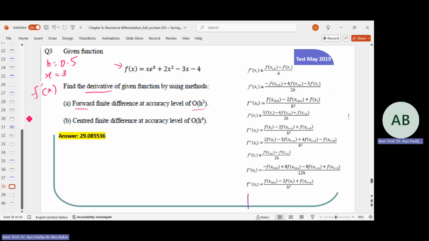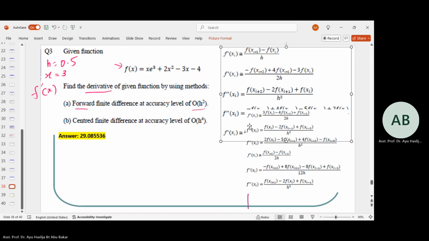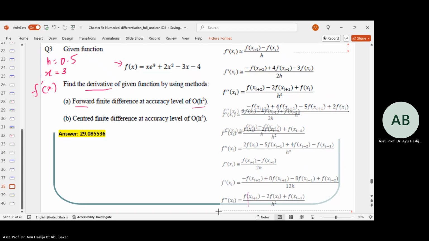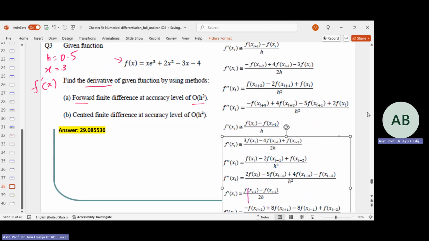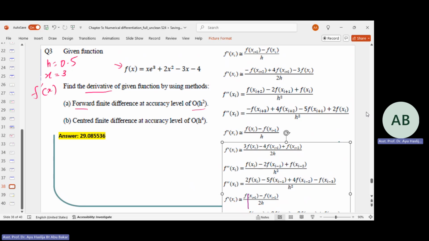For A, forward finite difference with accuracy level of O(h^2). One point forward. Forward starts with level 1. Let's say you are not given the error over here. How do you identify?